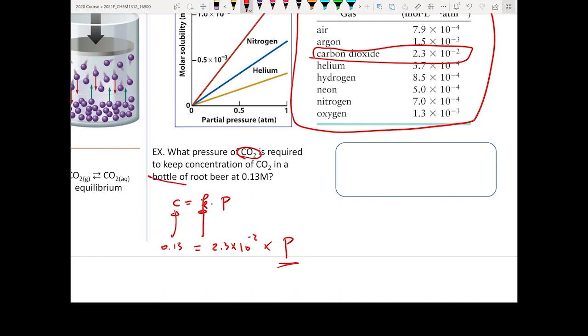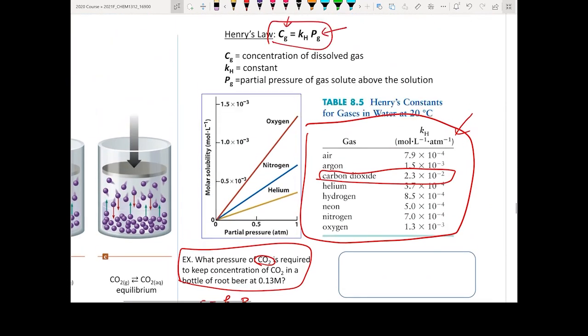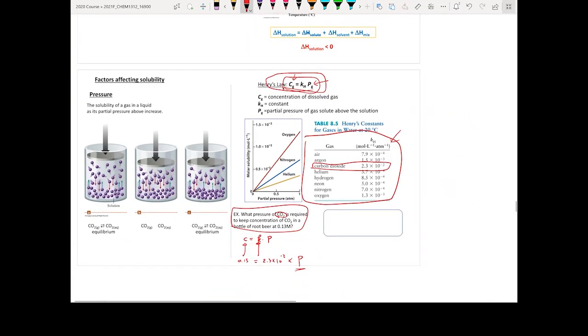The key is, can you recognize that these questions are testing your understanding of the effect of pressure on the solubility of gas in a water solution? If you know that, then you know there's only one equation you can use, which is Henry's law equation. All you need to do is plug in the information you got from the question and solve for the unknown. All right, so that's it for today's lecture.